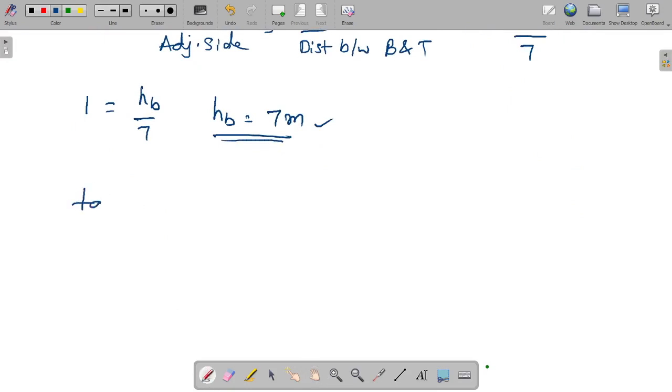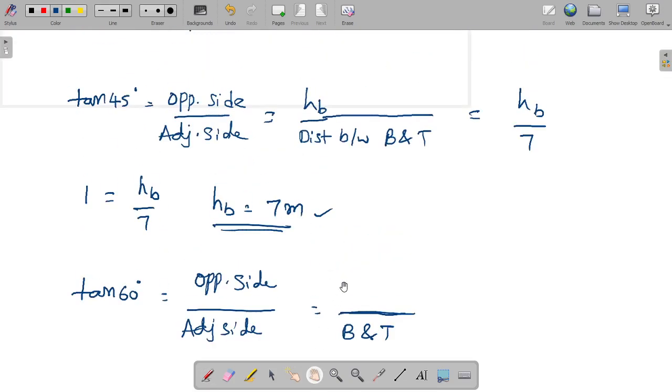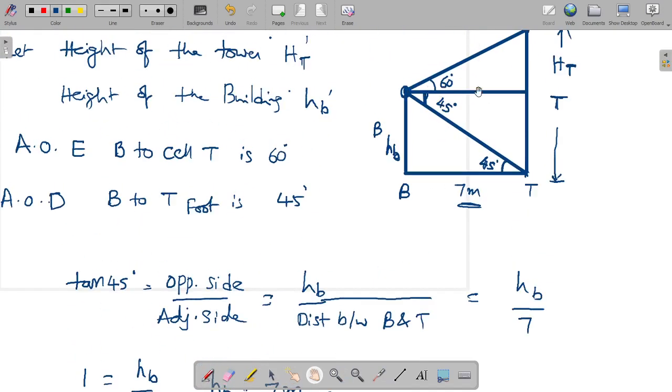After that, tan 60 is equal to opposite side by adjacent side. Here, the adjacent side is the distance between building and tower. The opposite side is the height of the tower minus the height of the building.